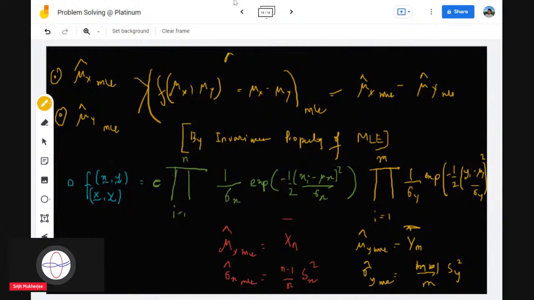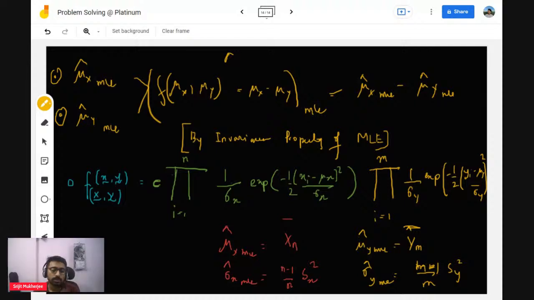Did you understand, all of you guys, this one? Any doubts? Did you understand the basic logic idea? The idea is that yi is not giving extra information about xi and xi is not giving extra information about yi. So therefore, the MLE remains the same, because when you do the partial derivatives with respect to mu x and sigma x, the yi terms get cancelled. And when you do the partial derivative with respect to mu y and sigma y, the xi terms get cancelled. This is the mathematical aspect. The logical aspect is this.